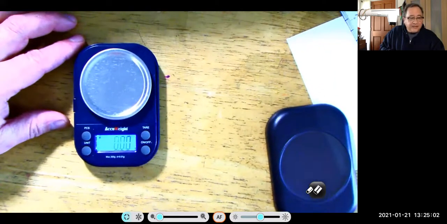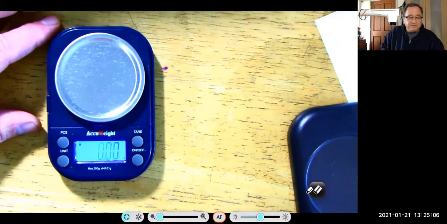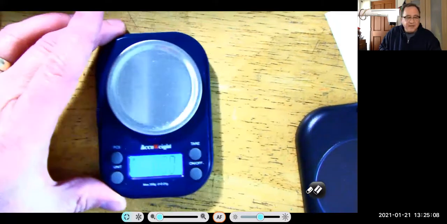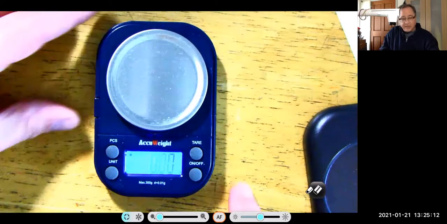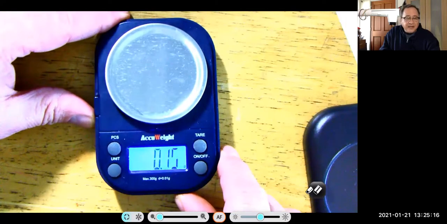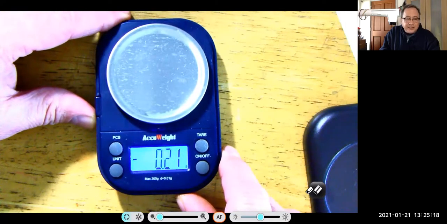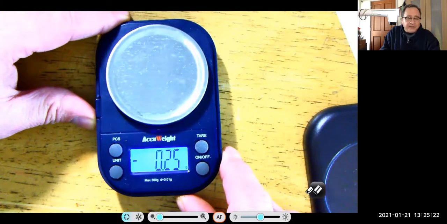This is the scale that I suggest that you buy. It only costs $15, and it's very handy. It measures things down to the 100th of a gram. Let me see if I can tilt this a little bit. You can see the G in the lower right-hand corner of the screen. That means grams.